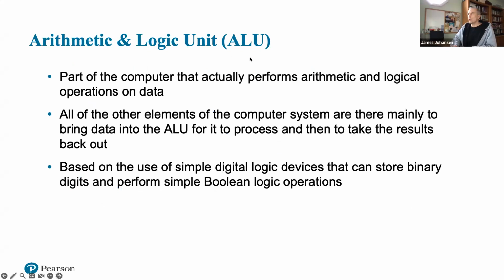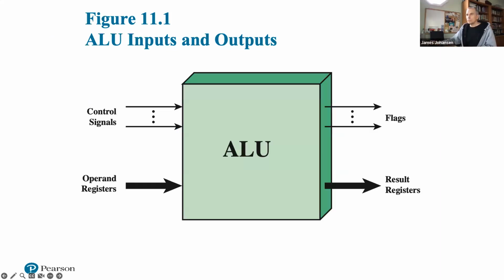I mentioned this workhorse that's found in computers, the arithmetic logic unit. Basically, everything gets routed to the ALU to process, and so that's going to be a key thing. It's like the Swiss Army knife of the CPU.